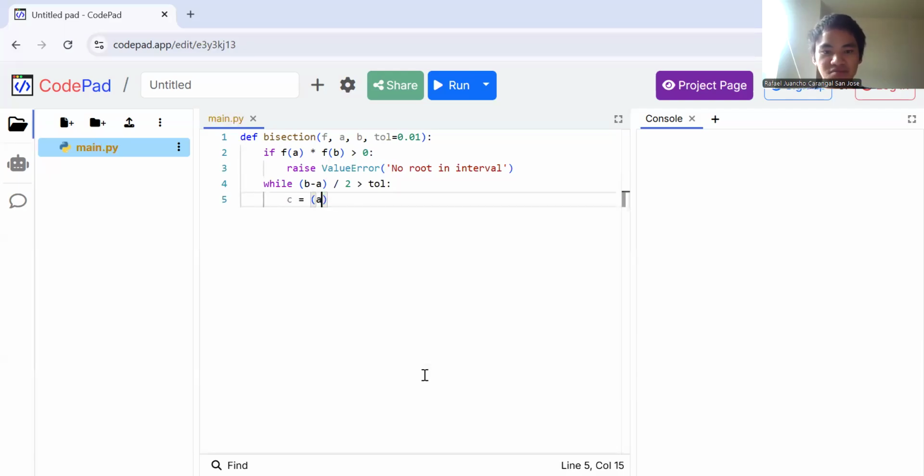So here a plus b divided by 2, that's my center. Then let's say f of c is equal to 0. In the instance that my output is 0, I just return that because that's my root.